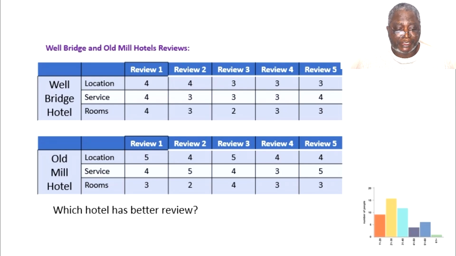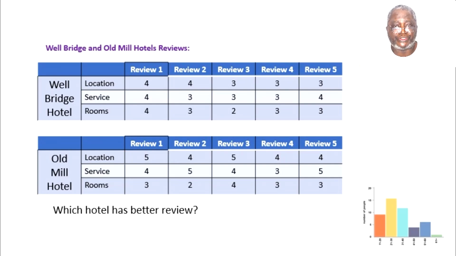And the data for each of those reviews on the 3 categories are listed there, ranging from 4, 3, 2. In fact, you have 3 5s and quite a few 4s, 3s and 2s.